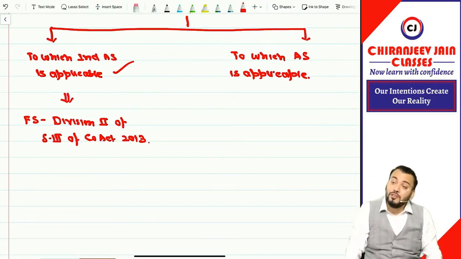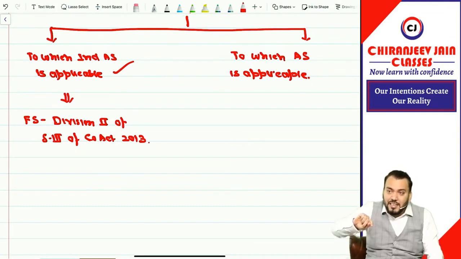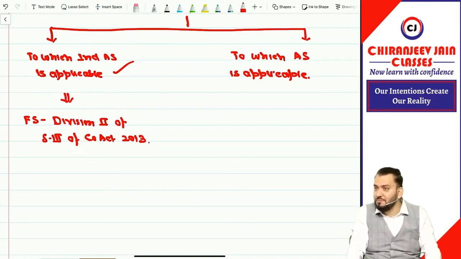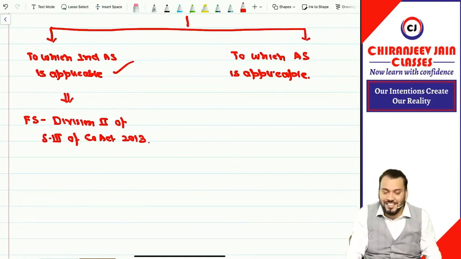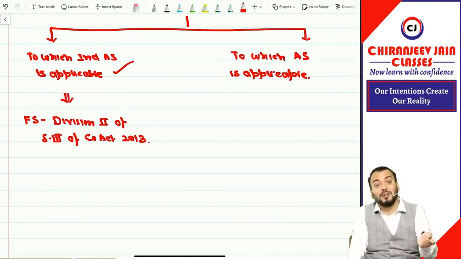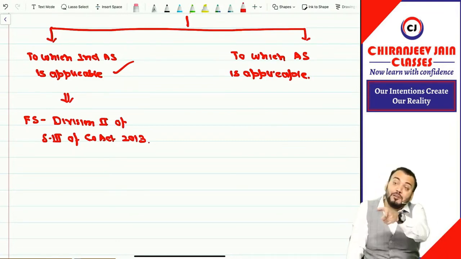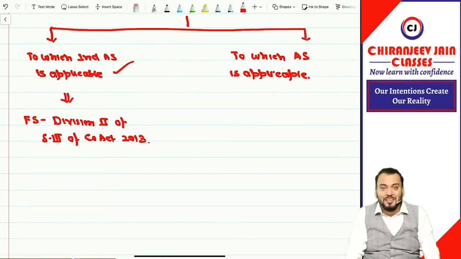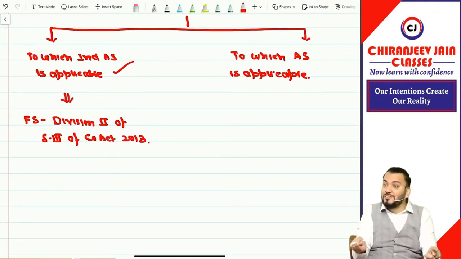Whatever format you have done in your CA Inter, that was Division 1 or Division 2, you might not be knowing, because that was not informed to you and was not required in CA Inter. But that was as per Division 1. So Division 1 format is applicable to which companies? To which AS will be applicable. Means the format is also going to change.